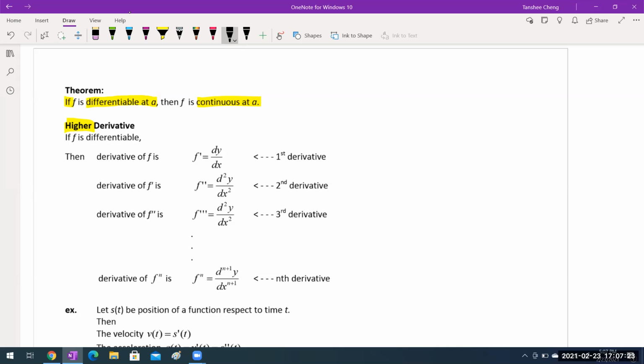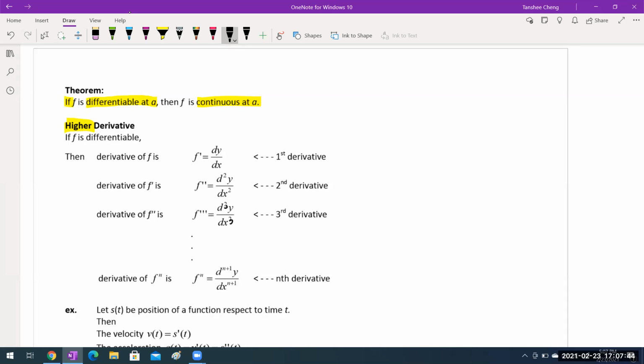which is f triple prime, and then d to the third power y over dx to the third power. Okay, third power, that's a typo on the slide, make sure you change that. Now, anything after the third derivative, we don't write prime anymore. We write it with a number.